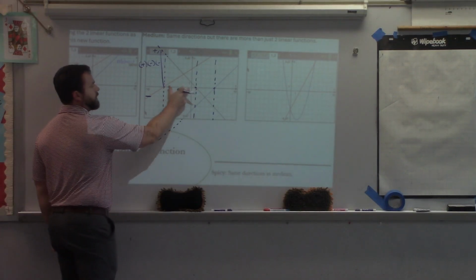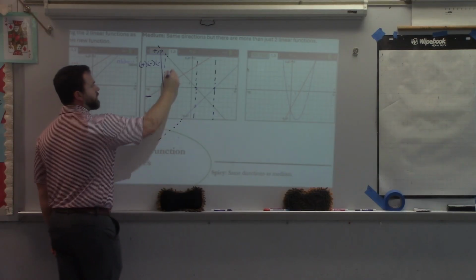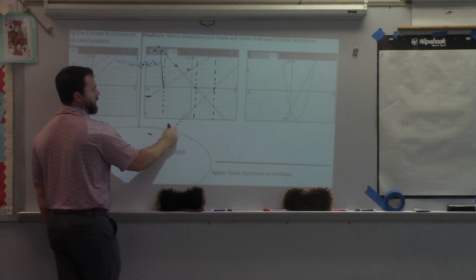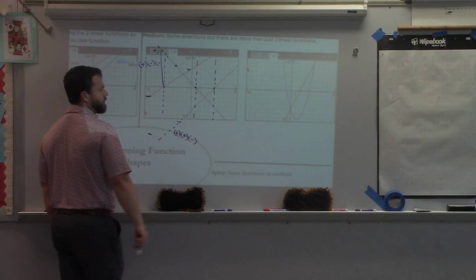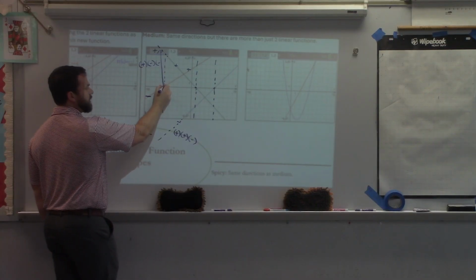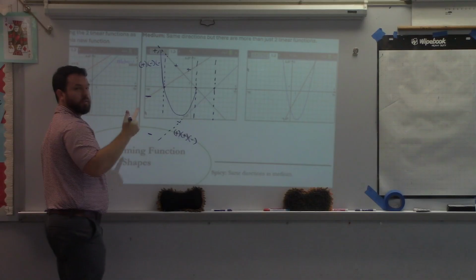When I look in between these 2 zeros, red and black have what type of factors? Positive. Blue has negative. And what's a positive times a negative? Negative. Which makes sense because what type of root do we have right here? Single, double, triple?